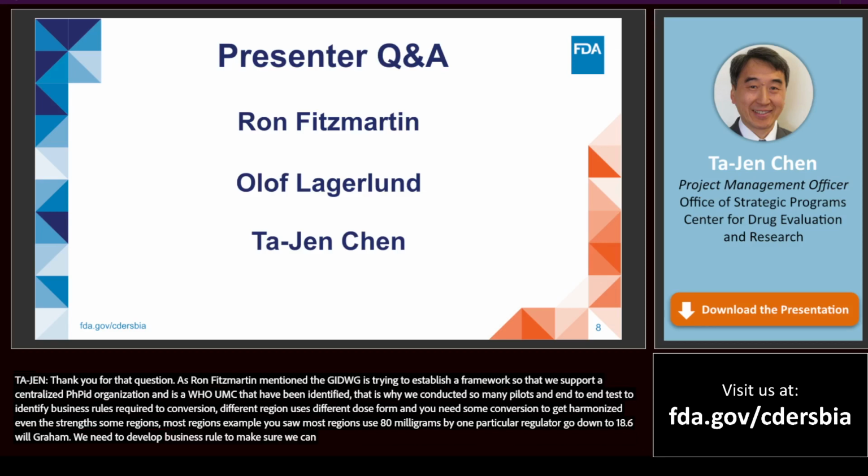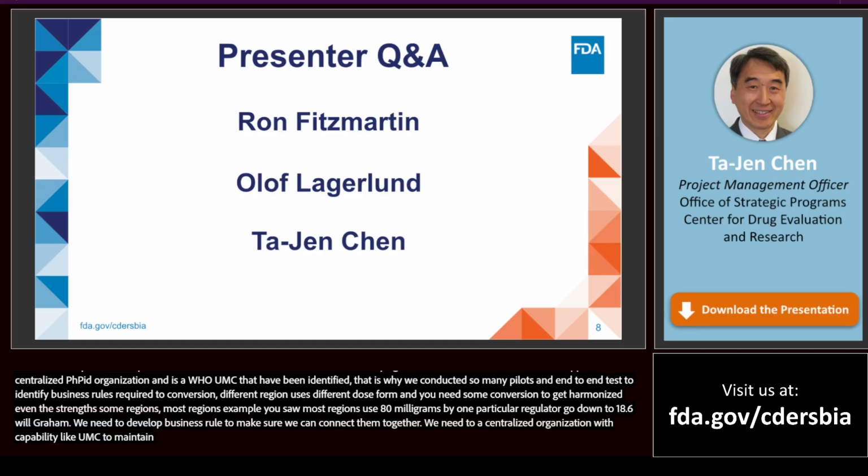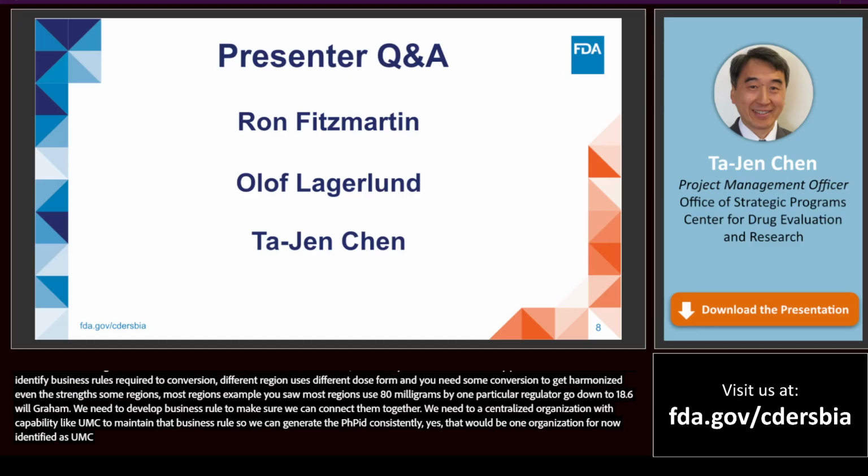And with that, we need a centralized organization with a capability like UMC to maintain those business rules so that we can generate the PhPID consistently. So yes, one organization, for now identified as UMC, will be responsible to generate PhPID.